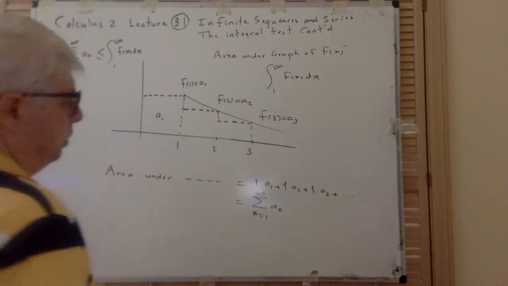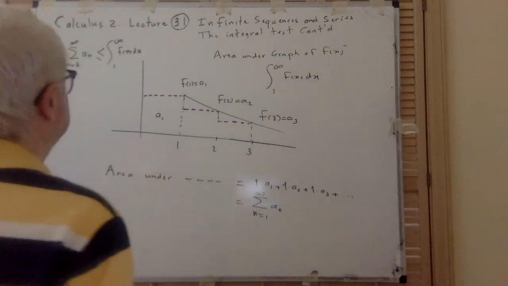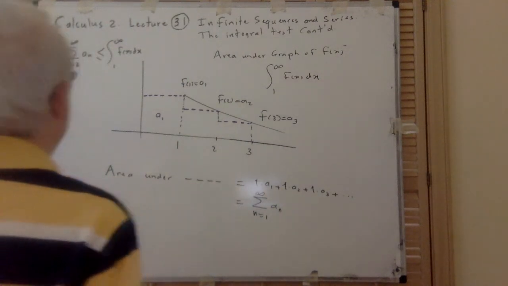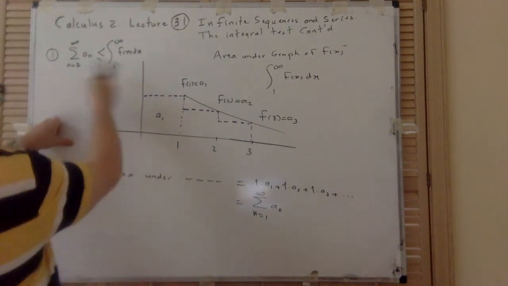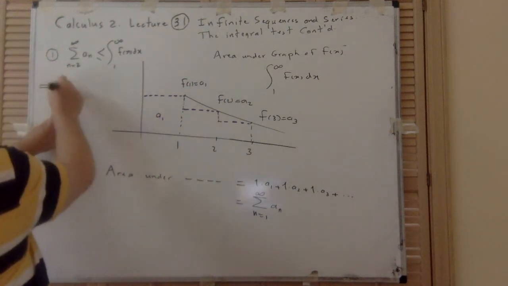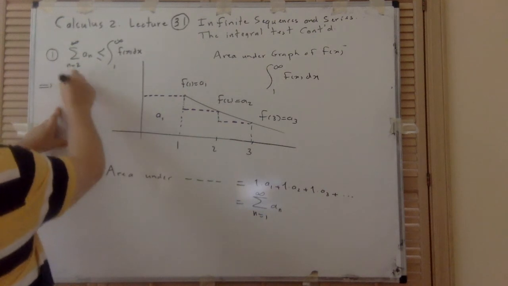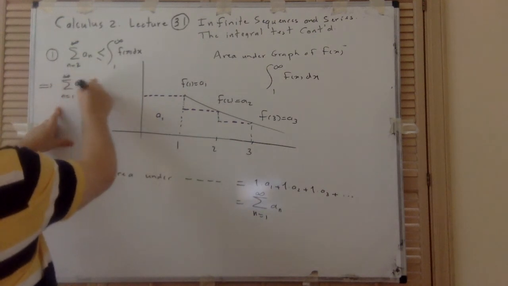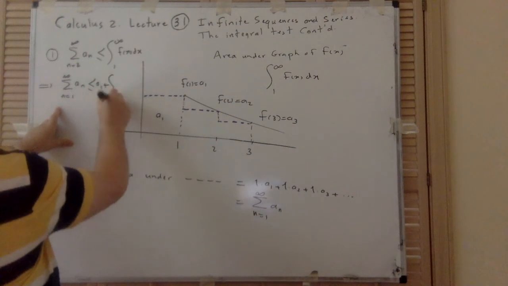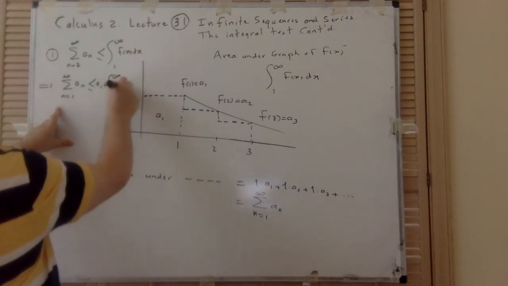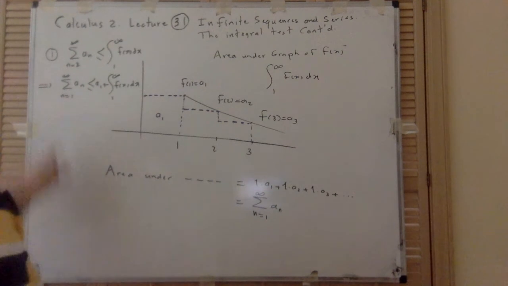If I add a1 to both sides, I can start at 1, and this is a1 plus the integral from 1 to infinity of f(x) dx. So that's one result.